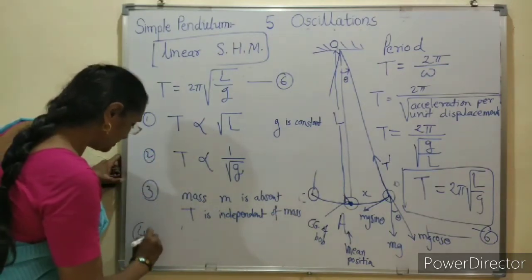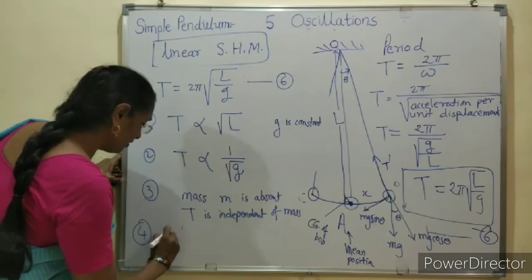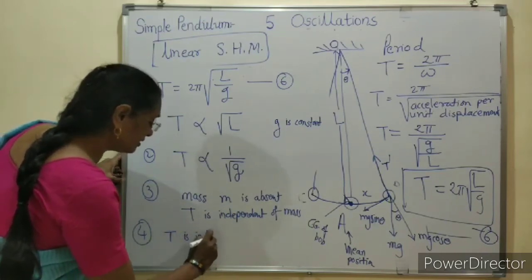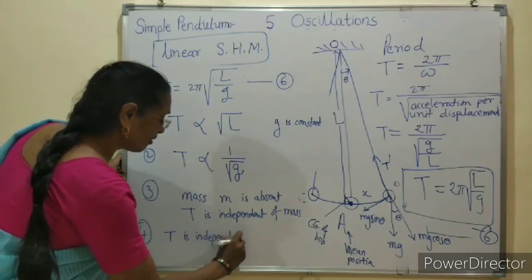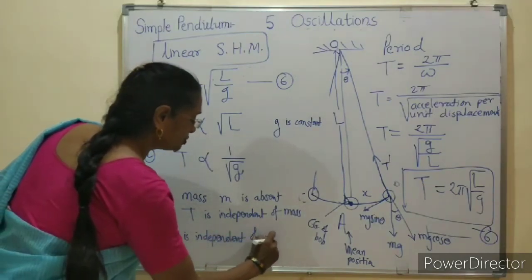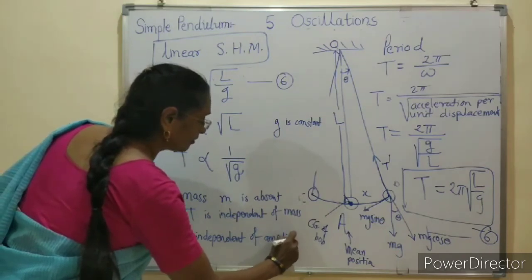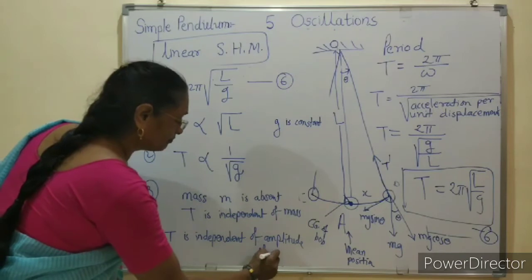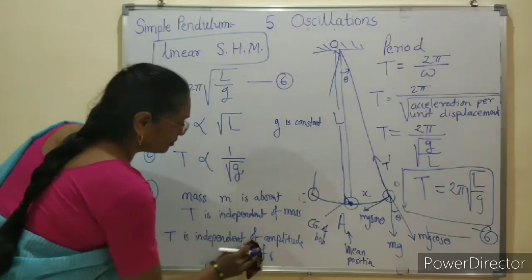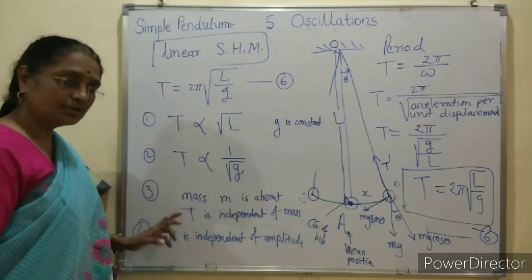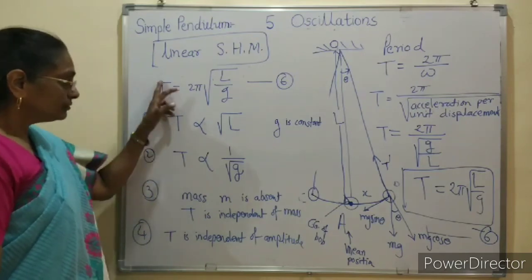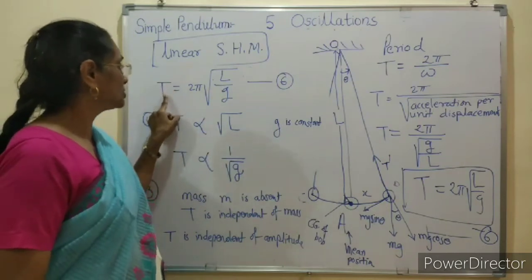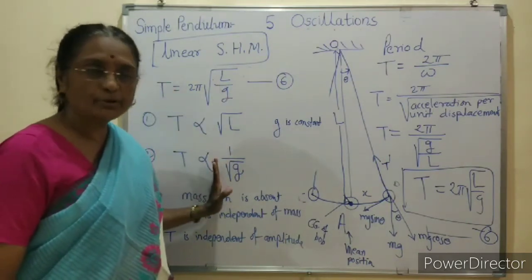And fourth one is that T is independent of amplitude of simple pendulum, or simply amplitude. So here these are four conclusions which we have drawn from the expression of period of simple pendulum.